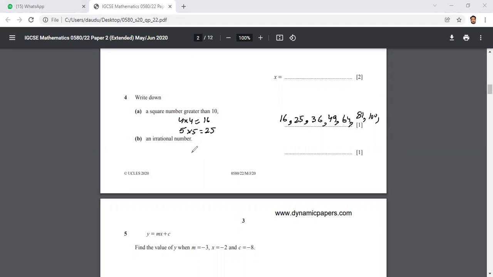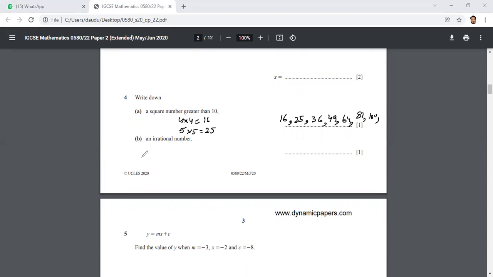And an irrational number. Basically, irrational numbers are numbers which cannot be written in the form of a over b, or in fraction form. These irrational numbers are non-recurring as well as non-terminating. Common examples of irrational numbers: every prime number, when it comes in square root form, is called an irrational number.